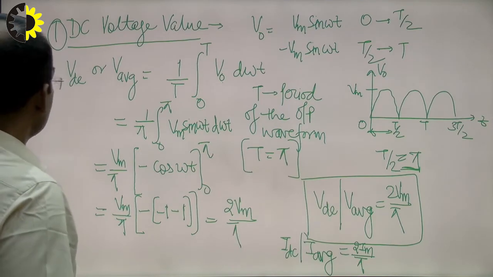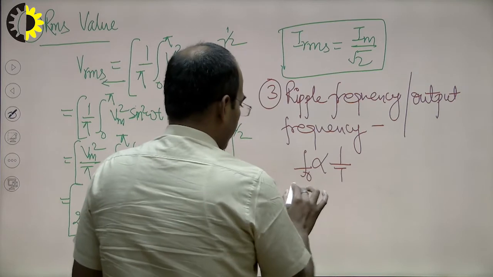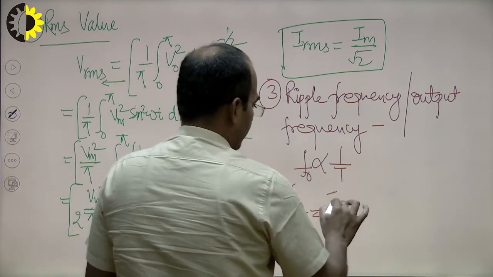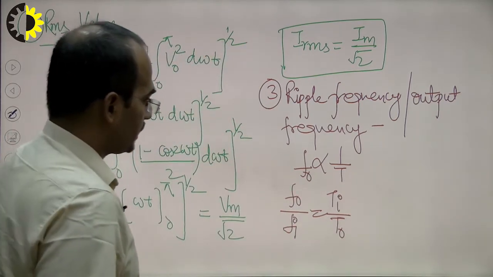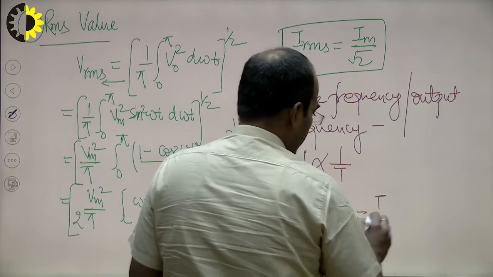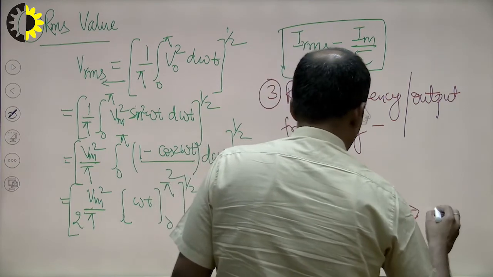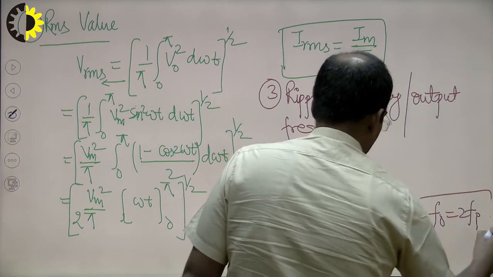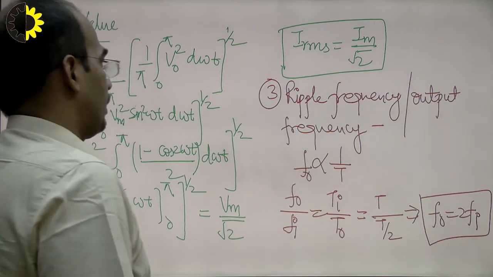The frequency is inversely related to the time period. If I want to find f naught and fi is known to me, then I will write f naught by fi is equal to Ti by T naught. Ti is T, and T naught is T by 2. So I will get f naught is equal to twice of fi. So output frequency or ripple frequency is nothing but double of input frequency.